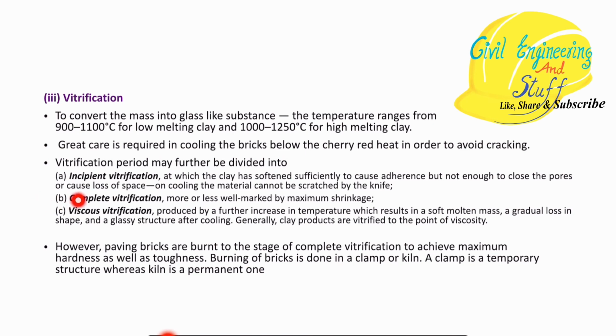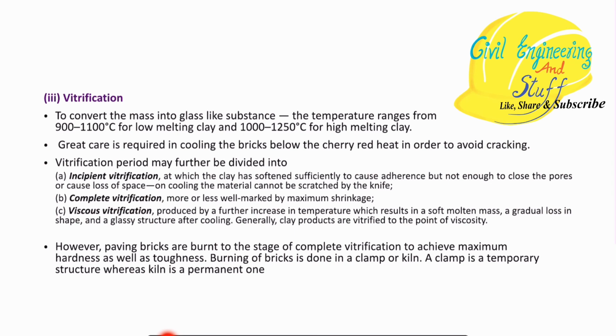Then comes the complete vitrification, and this means that the softened core that was left in the incipient vitrification is now hardened, and the brick has solidified and achieved the desired amount of hardness. When complete vitrification happens, this is the stage at which we should remove the brick from the kiln.